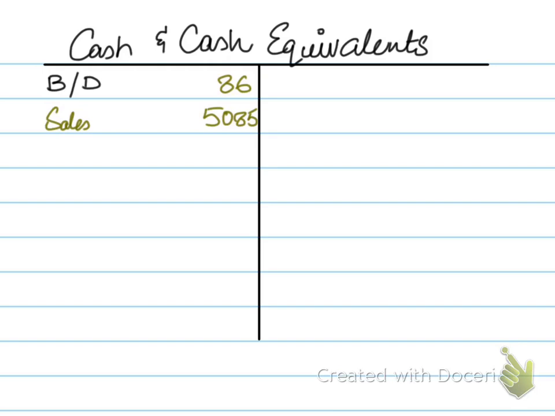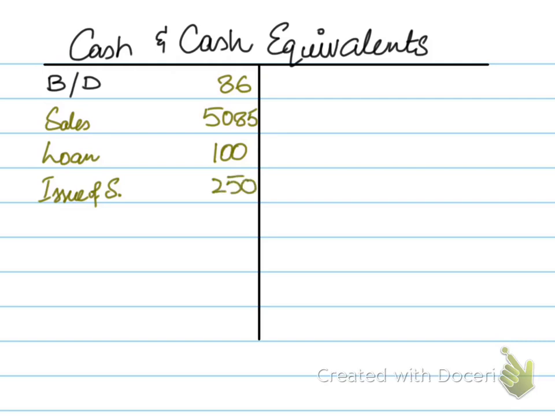Right. Then I got money from a loan of 10%. This will be 100, and an issue of shares. This will be 250. So these are all the receipts that I can find.